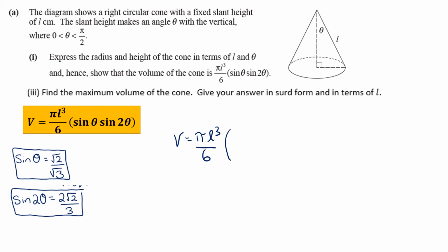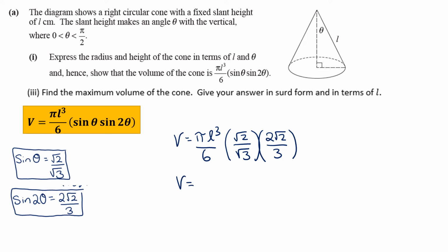That's all fine because it needs to be in terms of L. Pi is a number and 6 is also a number. So we have sine theta, so that's root 2 over root 3 times sine 2 theta, which is 2 root 2 over 3. So we want to try and simplify this as best we can.